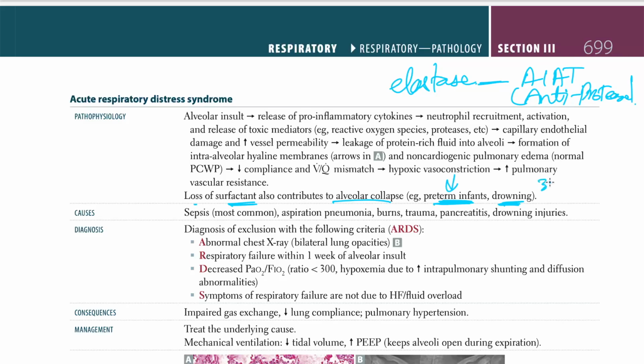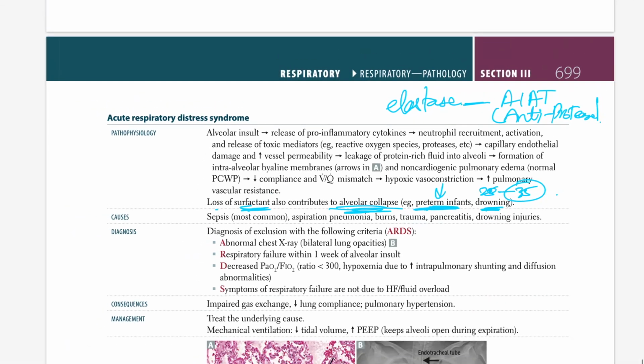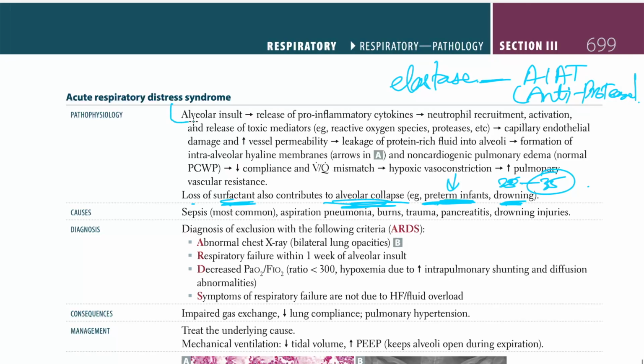Normal production starts at 25 weeks and ends by 35. So if it's a preterm infant, born before that 35-week period, they will have less surfactant, causing alveolar collapse. Okay.